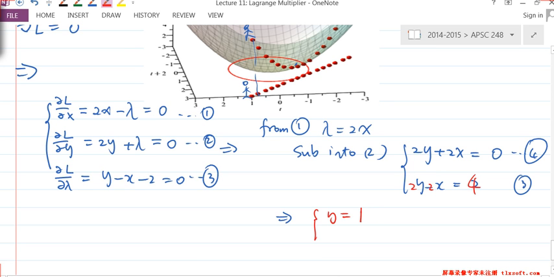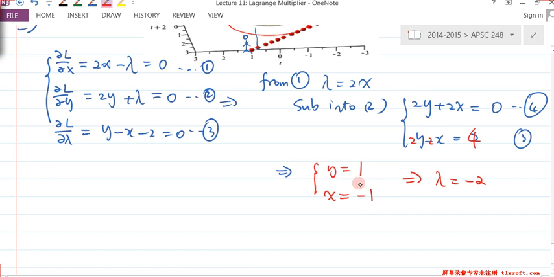And if y equals 1, what about x? x is negative 1. Oftentimes you're also interested in the lambda value. So lambda equals negative 2. Those are the solution here.